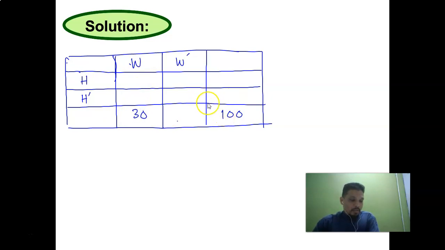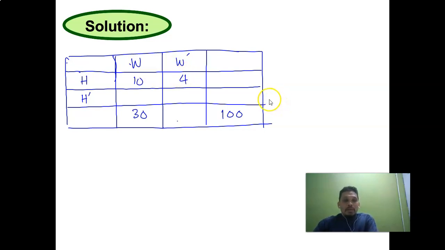Only 10 of them have high blood pressure. 10 of the 30 have high blood pressure. Only 4 professors who were not overweight but had high blood pressure. 4 here.